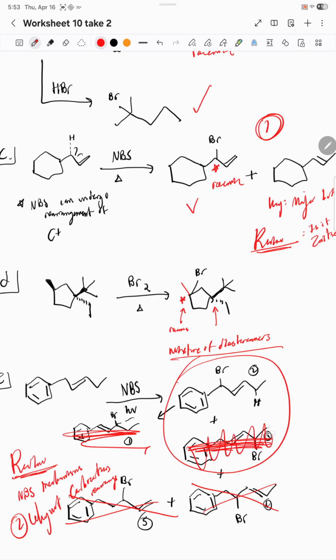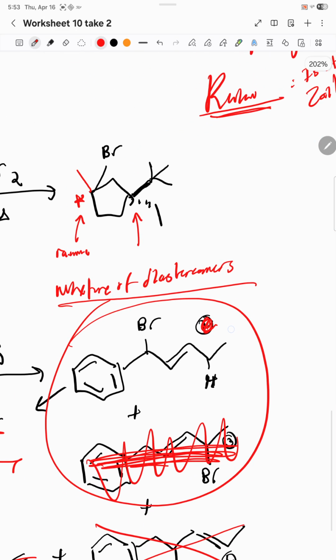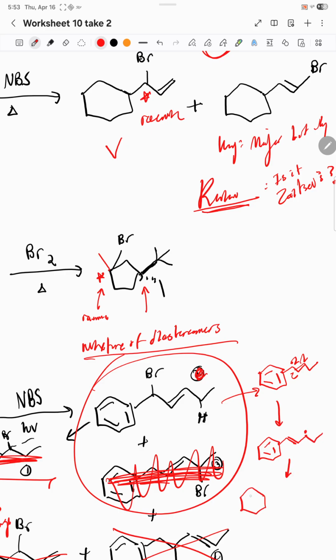This is not correct. Alright, let's do the reasoning again. If this were the case to be entering its mechanism, the radical here would combine, bam. Then the rearranged product could look like the following. Then this would look like the following as well.